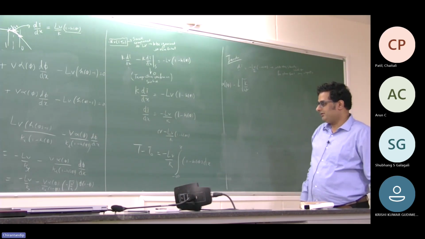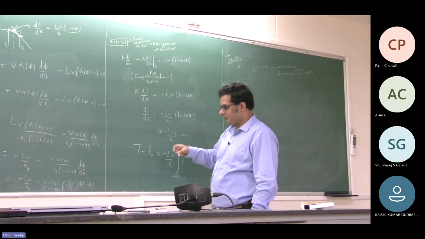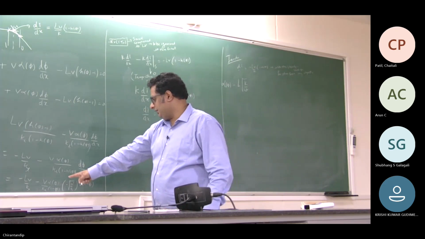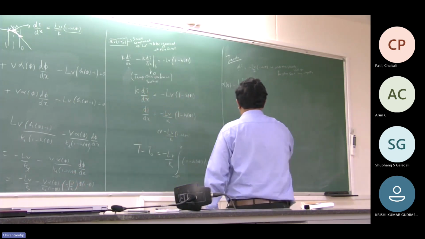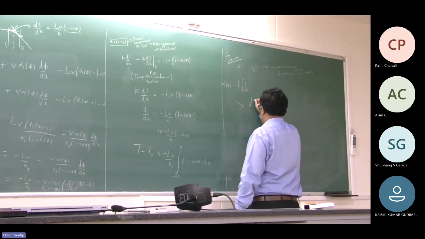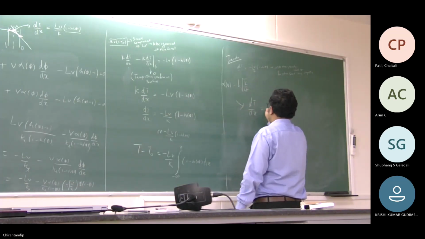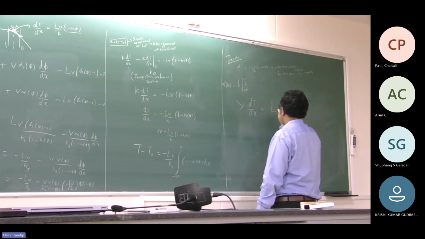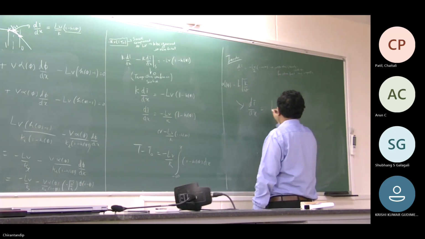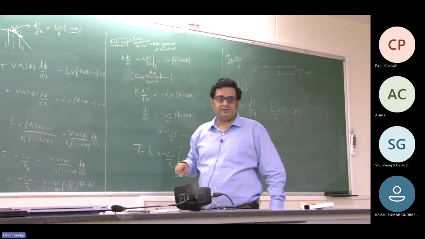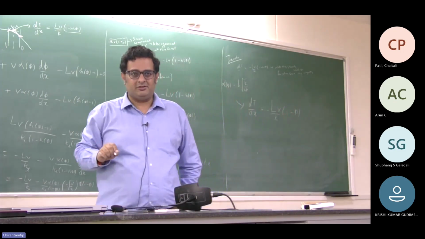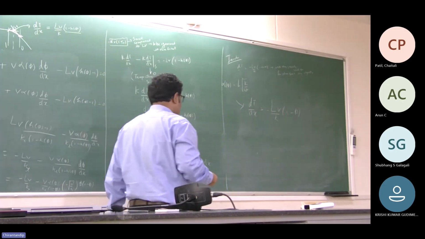So you essentially confirm that if you put this expression over here, L K by L 1 minus P, so you will get total V d by dx is equal to... will you get this? You get this, right? So what is alpha of P?